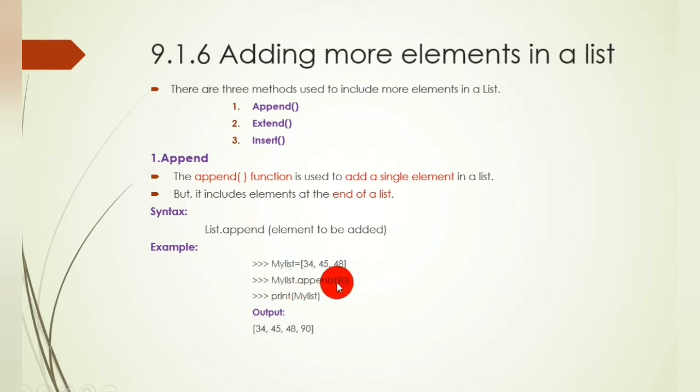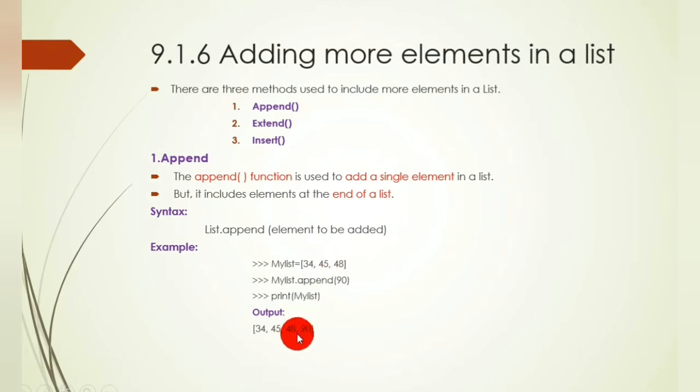Within brackets you specify the element you want to add to this existing list. Here I specify the element 90, and 90 will be added into the existing list. Now I will print the list, print mylist. You can see the output: 34, 45, 48, 90. That is, the element 90 is added to this list.